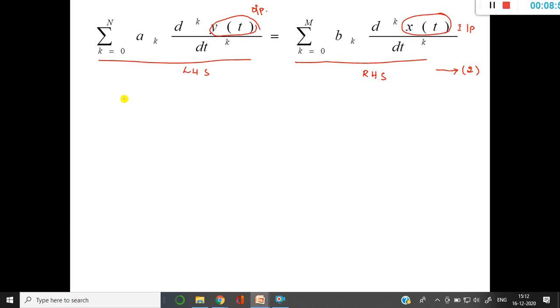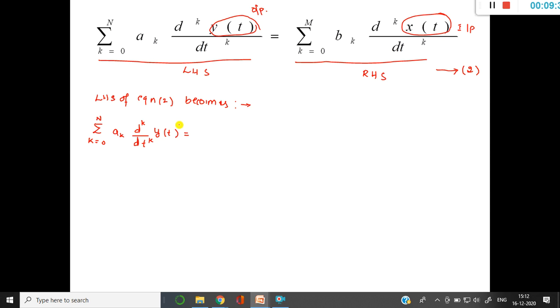Now, if I take only the LHS of equation number 2 and represent it in difference equation form, it can be written as the summation k runs from 0 to N, a k, d by dt of kth order, y of t.